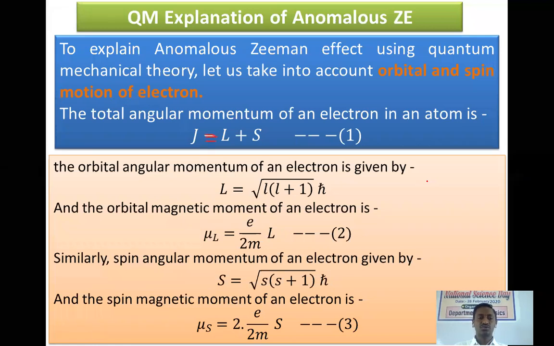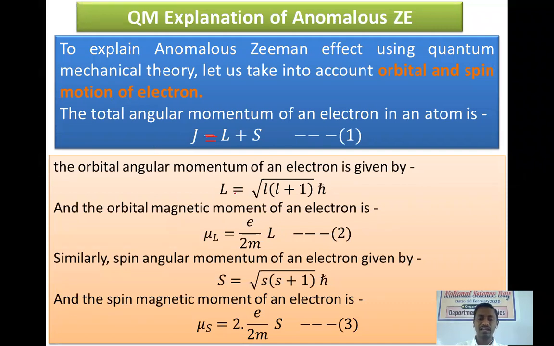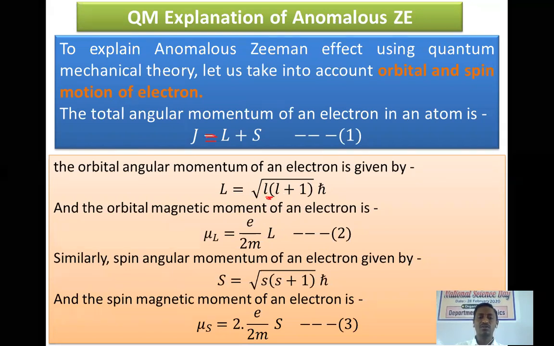As we have considered both the motions for the electron, the orbital angular momentum will be capital L, which is equal to the square root of small l into (l plus 1), times h-cross, where small l is the orbital quantum number or azimuthal quantum number.